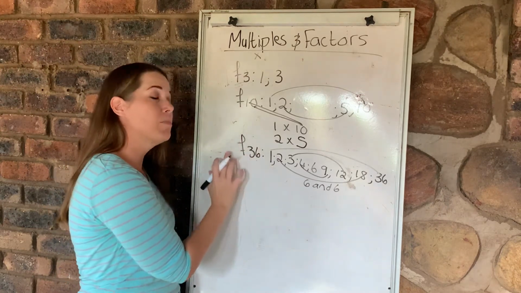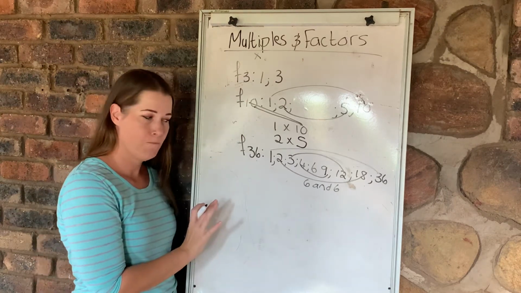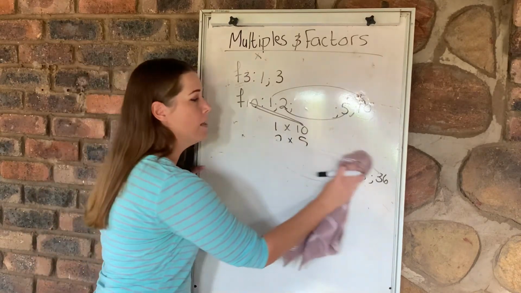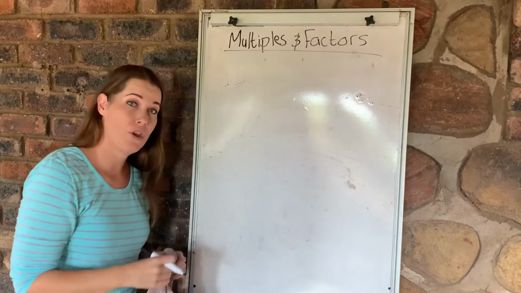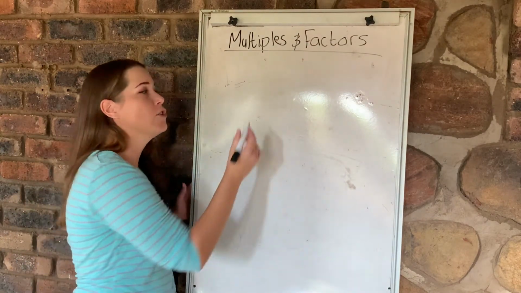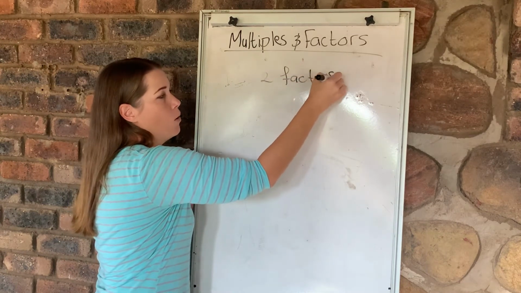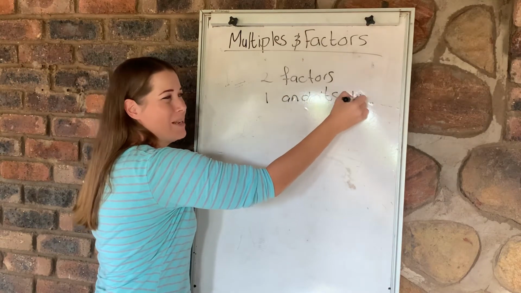The next step I'm going to show you are prime factors, and that is for grade 7. Now, before we can look at prime factors, we must remember that a prime number, and that's why it's important to know your factors, has only 2 factors: 1 and itself. Now what does that mean?